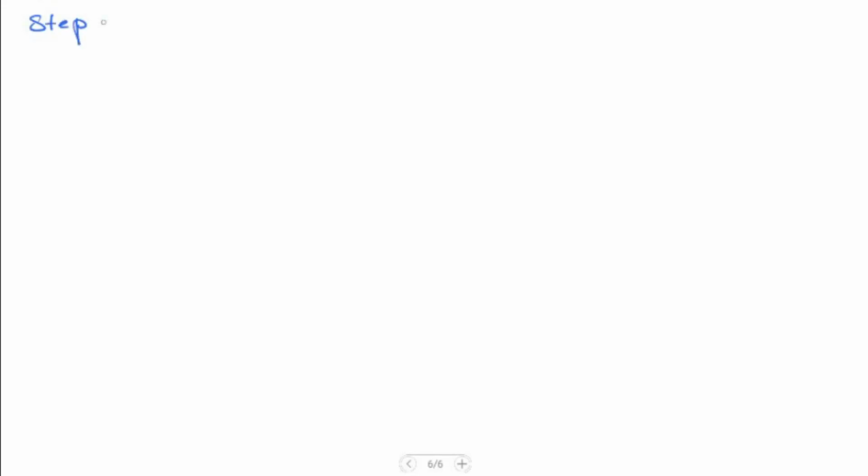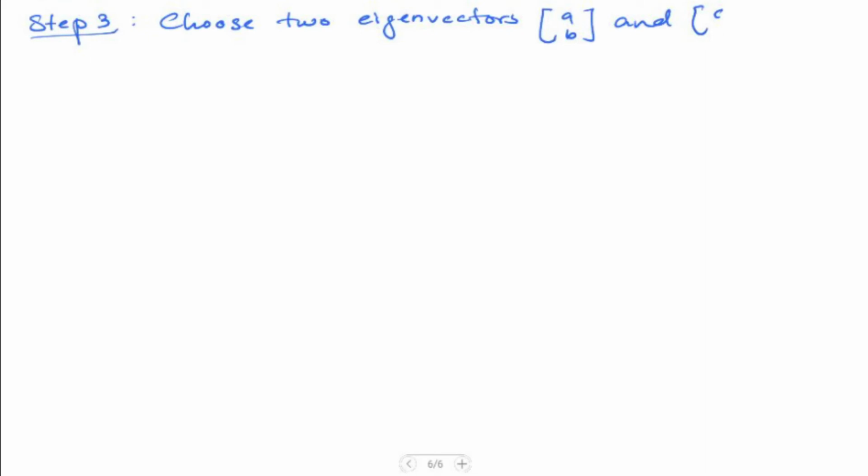Step 3 will be to choose 2 eigenvectors, AB and CD, corresponding to the eigenvalues.